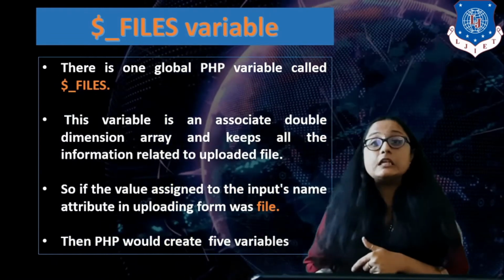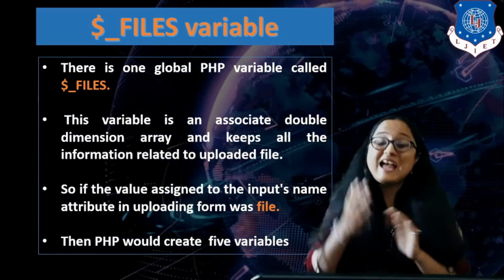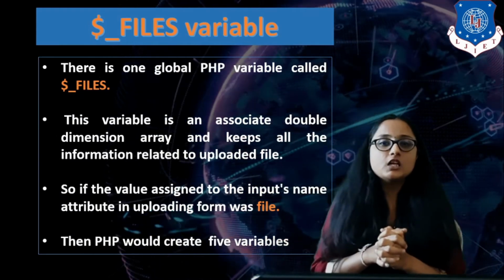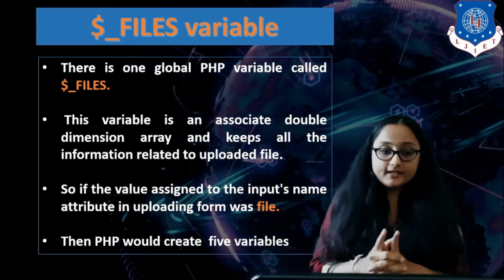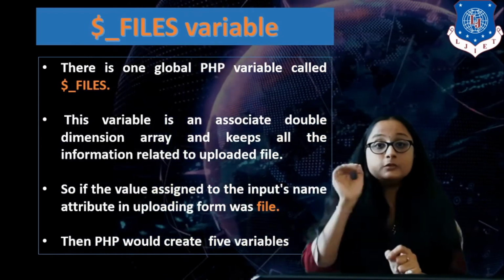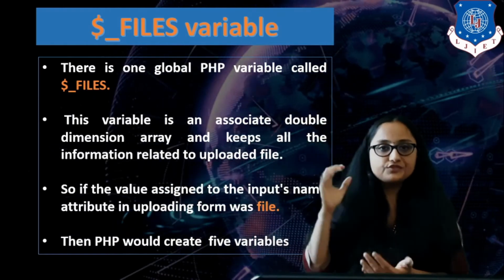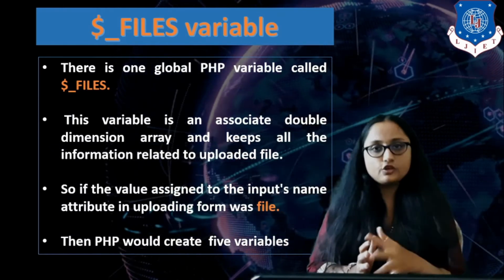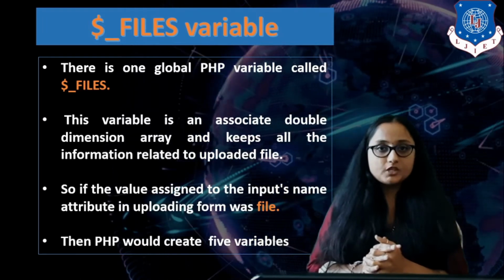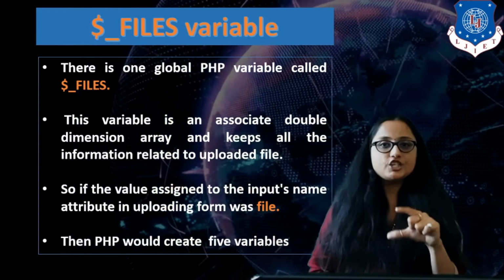But what is the key to accessing $_FILES and the information regarding your file? For accessing all the values of $_FILES, that is your uploaded file information, the basic key is that you have to create an HTML form.